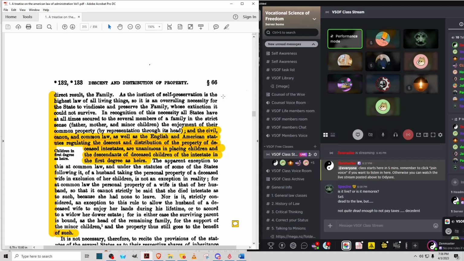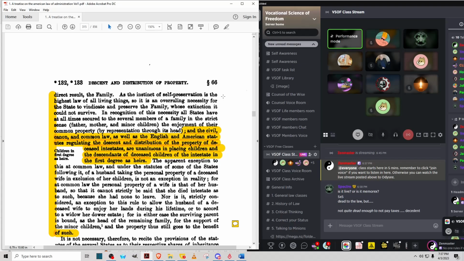So they're saying, okay, even if you didn't make a will, all of these laws, all these jurisdictions clearly see the children in the first degree as heirs. And what obviously all of them also see is the aspect that a man may come back forward and claim his entire estate after a presumption of death as well, which it does state later in this document, but we'll get to that maybe the next time we get through reading this.